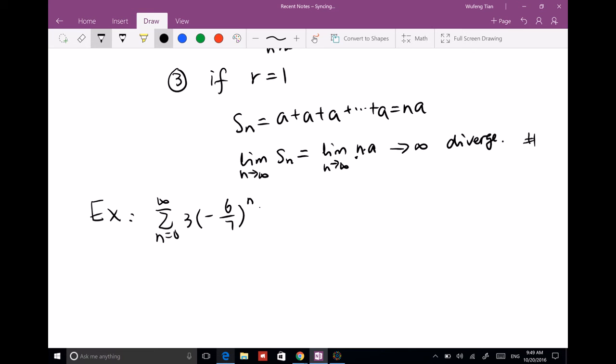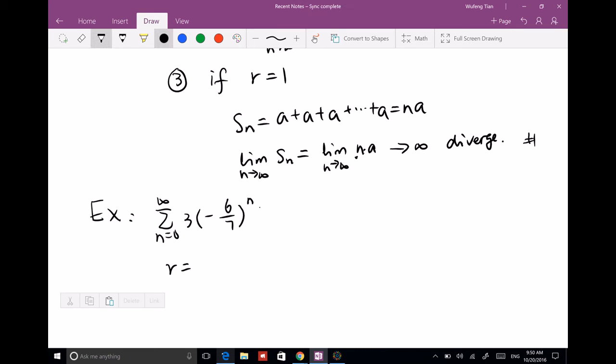So first, what is the ratio? What is the common ratio? I have a question here. Can anyone tell me what the ratio R is? Negative 6/7.